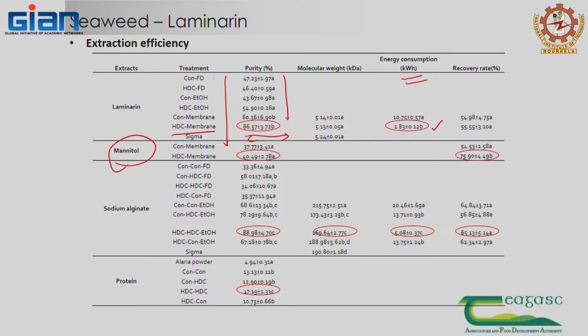Mannitol, that is sugar alcohol, membrane 40% purity, recovery rate 75%, sodium alginate 88% recovery rate, energy consumption and its molecular weight. Protein, how much we recovered, because normal Alaria was having only 5% protein, which is concentrated to 17%, and the rest was fiber.